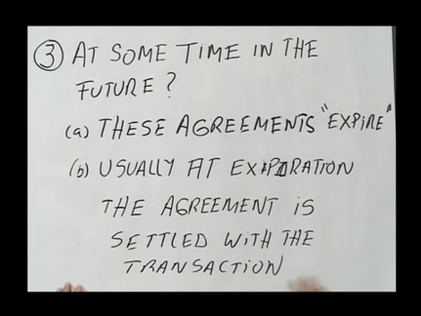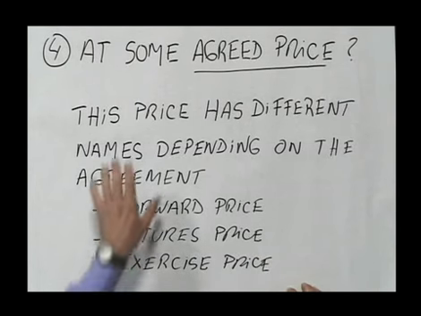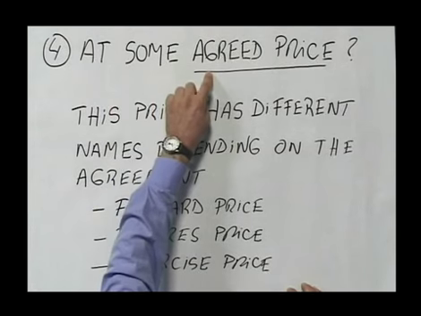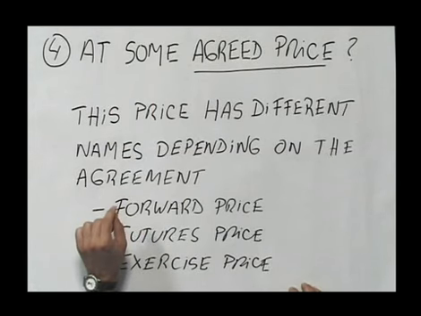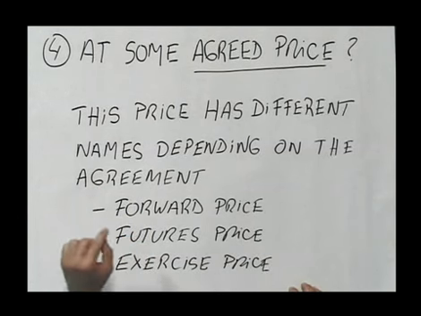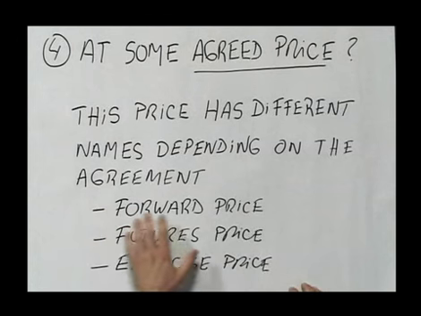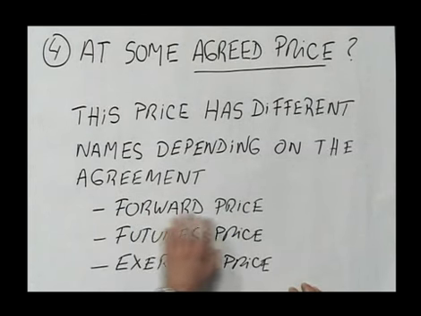And finally, let's move on to the agreed upon price. Remember that we agreed to transact this underlying asset at a certain time at an agreed upon price. And this price has different names depending on the agreement that we're talking about. For example, if we're talking about a forward contract, this agreed upon price is called the forward price.